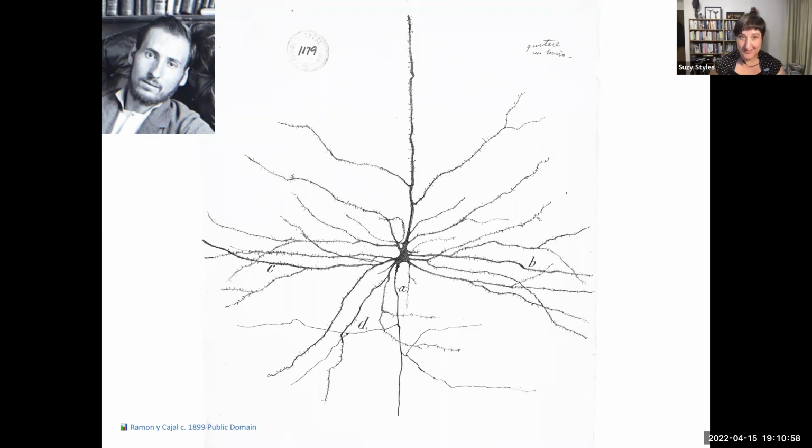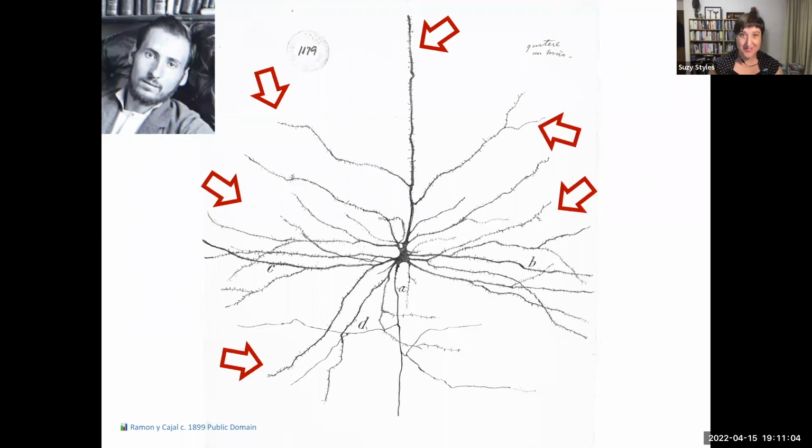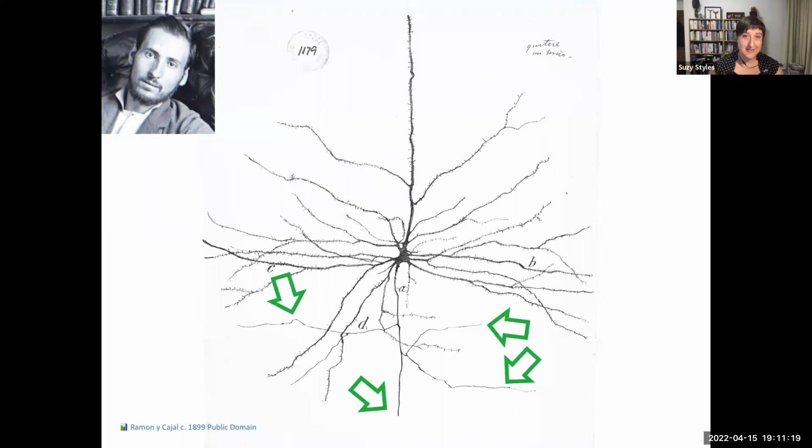In the center, we can still see that there is a cell body surrounded by a host of dendrites with little spiny protrusions that allow them to receive the incoming signals from other brain cells and other neurons in particular. It's a little bit harder to identify them, but down the bottom here, we can see the axon, which in this case is branching.